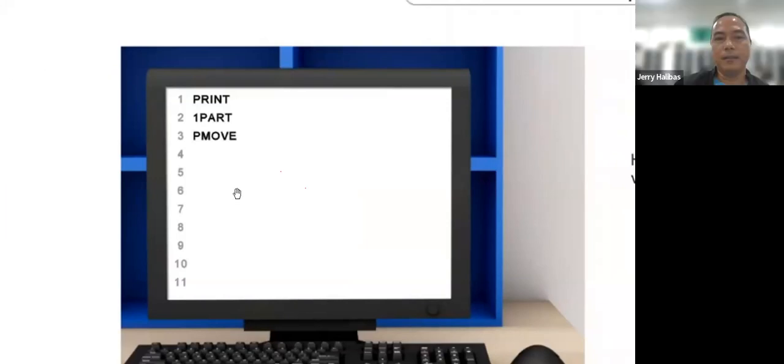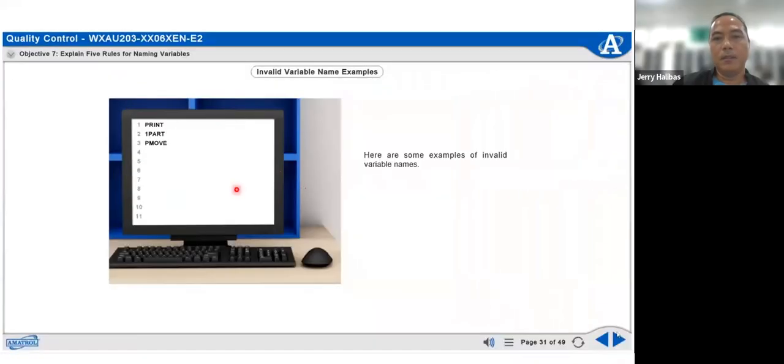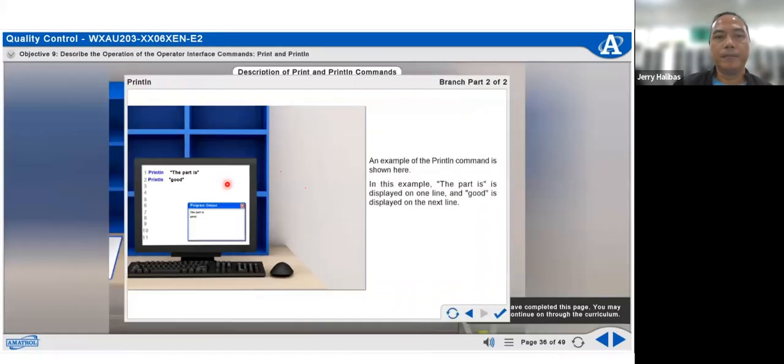It is invalid because, by principle in any programming language, a number cannot come first. It should be a character or alphabet, English alphabets always. Special characters are not allowed. Okay? So those are the common rules.